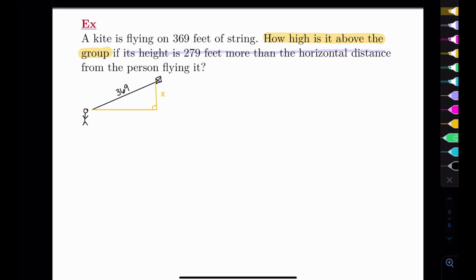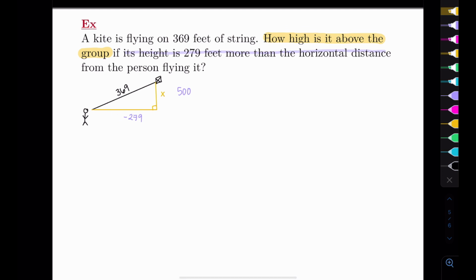So the easier way we can interpret this other piece of information is if our height is equal to x, it is 279 feet more than the horizontal distance. So say if this side length is 500, this side length would be 500 minus 279, okay?